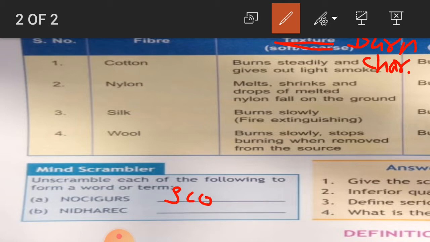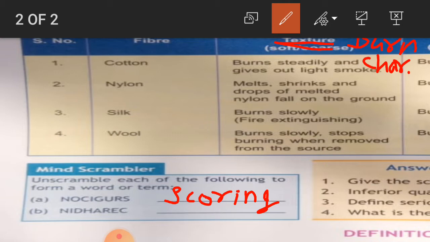Don't you think so? Scouring, which is used to remove dirt particles from the hair of animals through water.